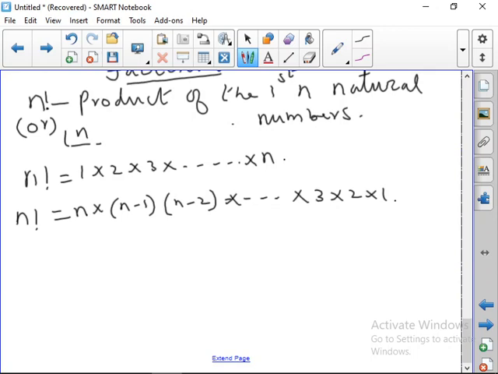So now this can be written as n into n minus 1 factorial when n is greater than 1. Okay, you should remember this.